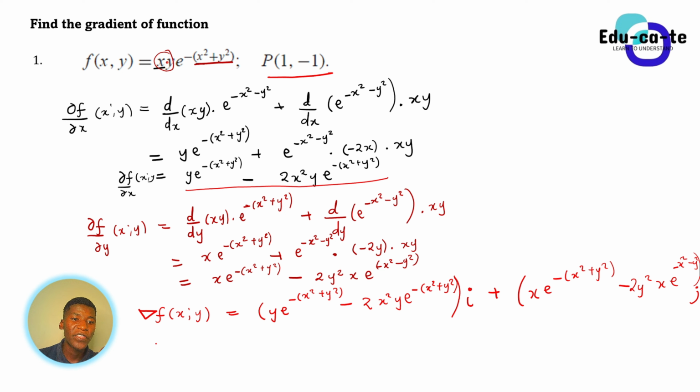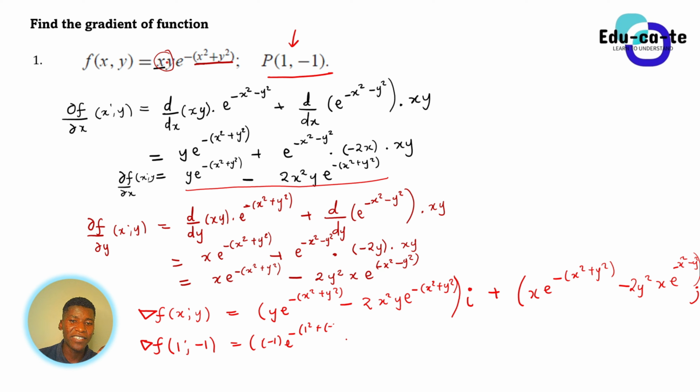And now you want to evaluate the gradient of this function at the point (1, negative 1). So you substitute: where there is x, you put positive 1, and where there is y, you put negative 1. So this will be y, which is negative 1, times e to the power of negative 1 squared plus negative 1 squared.